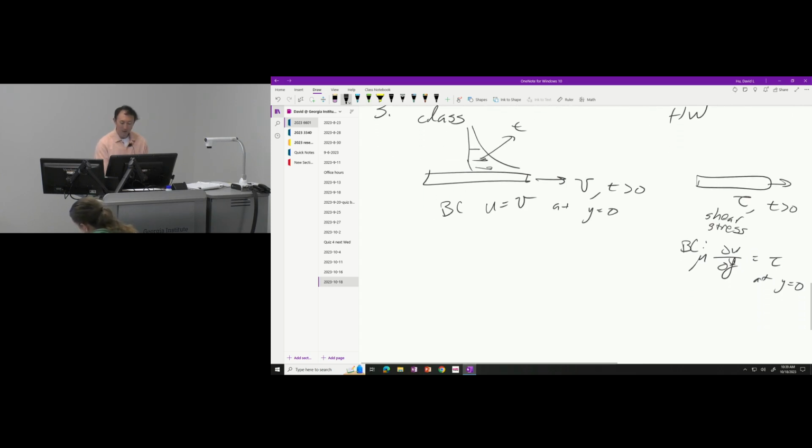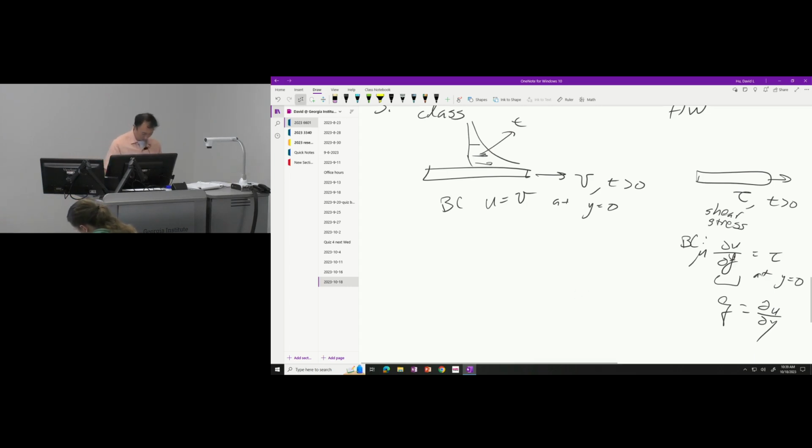That suggests you should do your whole problem in terms of the variable q, where q is equal to du/dy, because you're only given information about du/dy. Let's just solve for du/dy, but at the very end of the problem, you should reconvert it back by integrating.